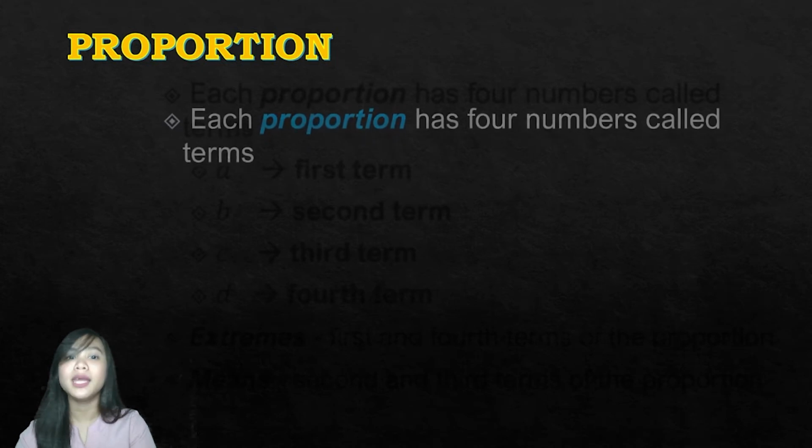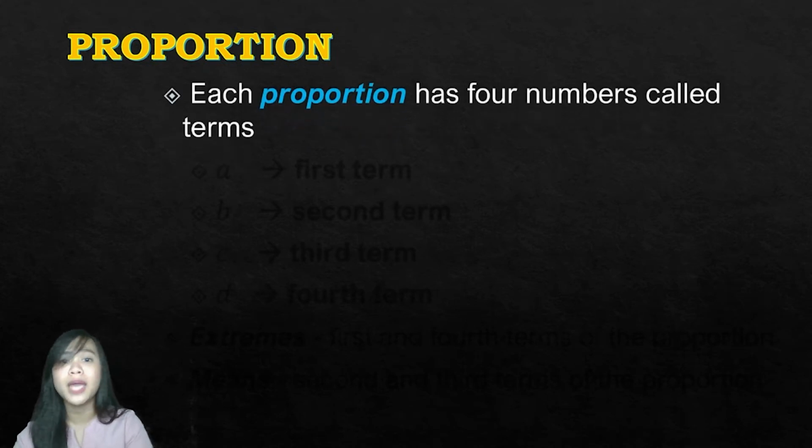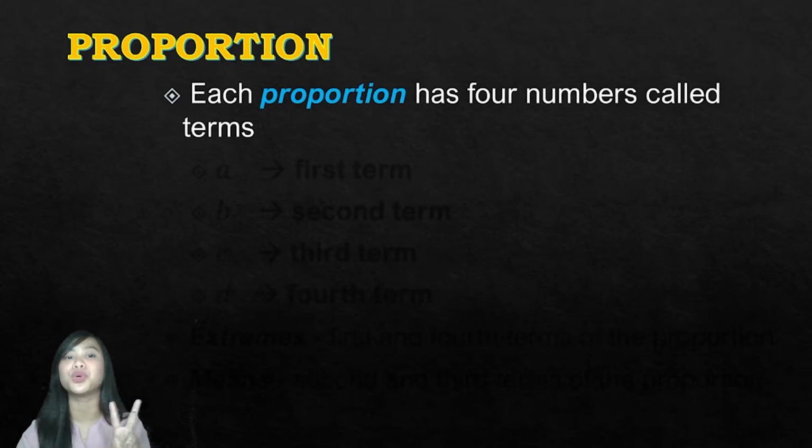Okay, in each proportion we have four numbers, or we call them terms. As we can see, we have two ratios, and each ratio has two components, two values, two terms. So we have 2 and 2, so we have 4. So what are those terms?